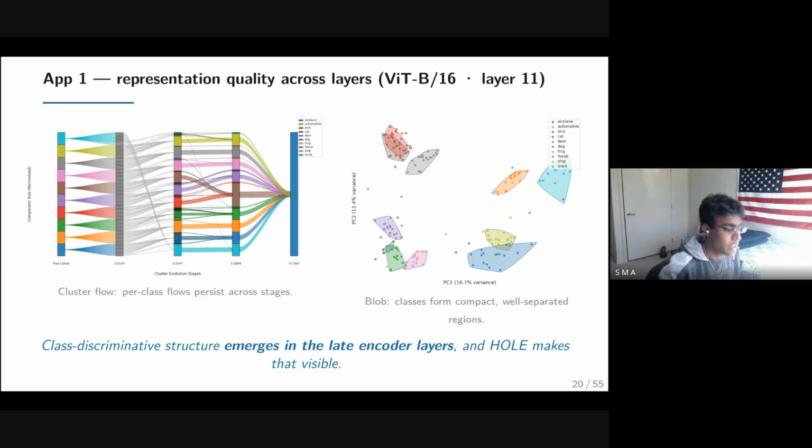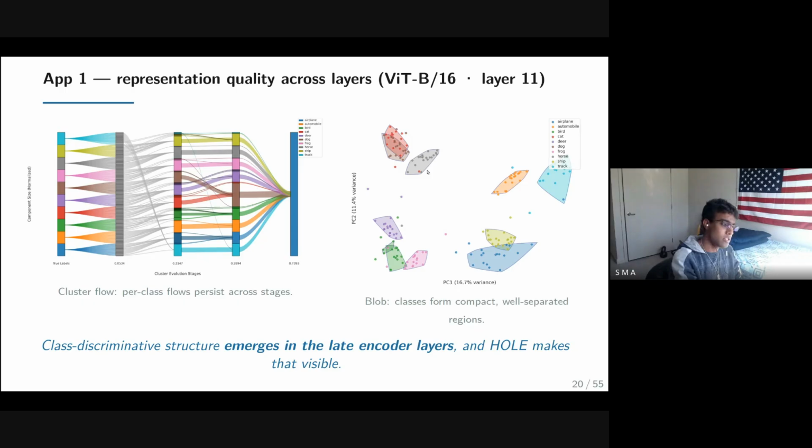Also, one thing to keep in mind: all the computations here are performed on the full rank embeddings and not the PCA of the embeddings. So the blobs that you're seeing here are not drawn in a two-dimensional space, but in the full rank space. I think it's 768 for ViT.